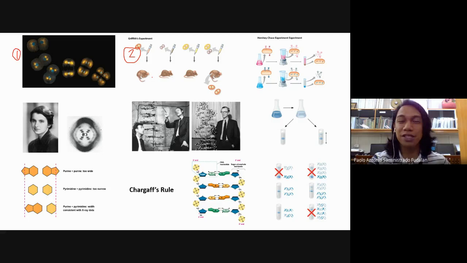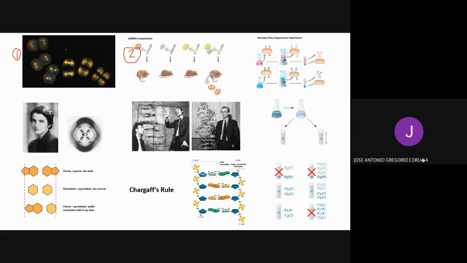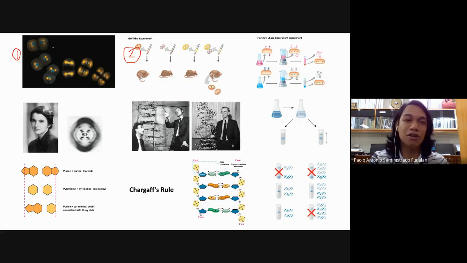But we started the discussion, if you remember in the video, of first discovering where really is the genetic material. Now, what are the two candidates? Can you remember what two molecules? Nucleic acid and protein, sir. All right, so in the chromosomes, as shown here in the first photo, these are chromosomes during meiosis.